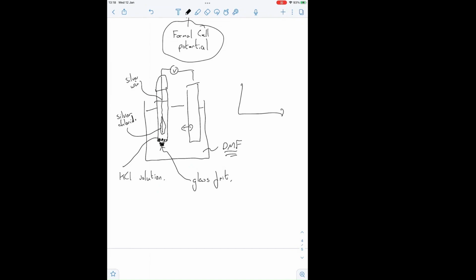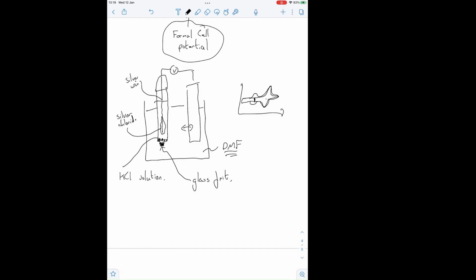So what you do is you do cyclic voltammetry and have a cyclic voltammogram like that. At the end of the experiment, you add some ferrocene and run your cyclic voltammogram, and you'd have an extra peak in there because of the ferrocene. The halfway potential of the ferrocene is very well known, so you do all your references versus that ferrocene.